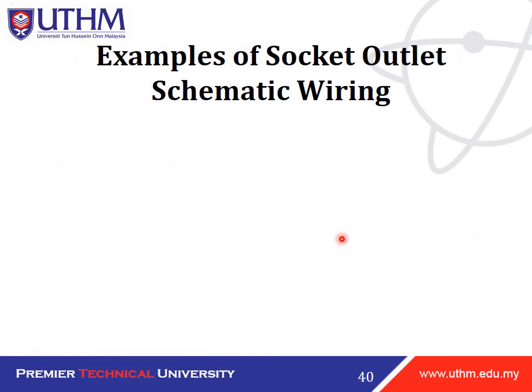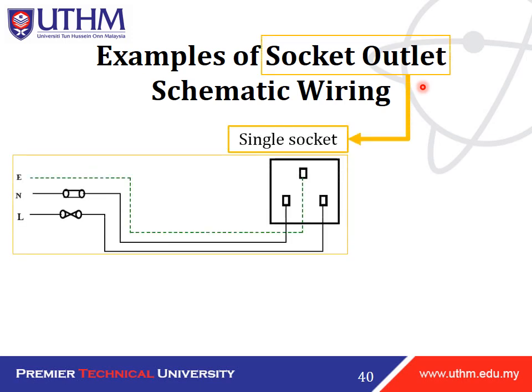Now we move to the examples of socket outlet schematic wiring. For a single socket, we can see that this is the connection of the single socket. This is the earth wire, this is the neutral wire, and this is the live wire, represented as a supply.